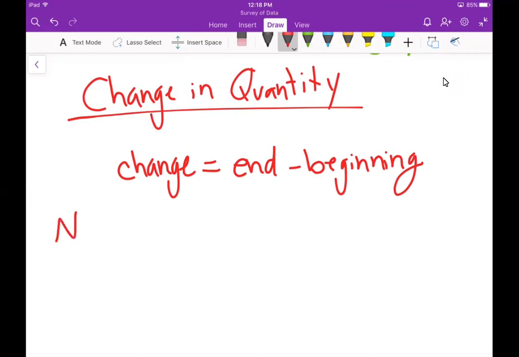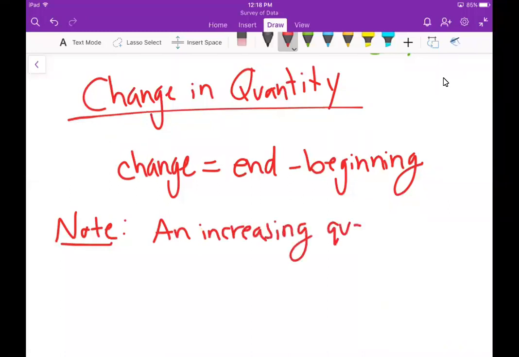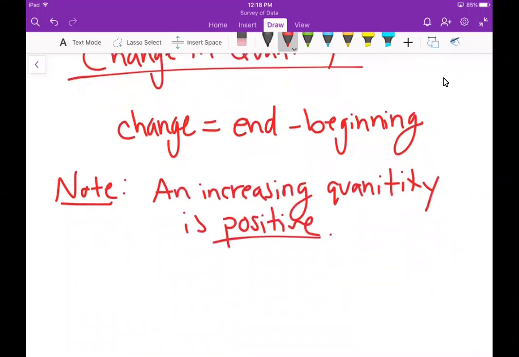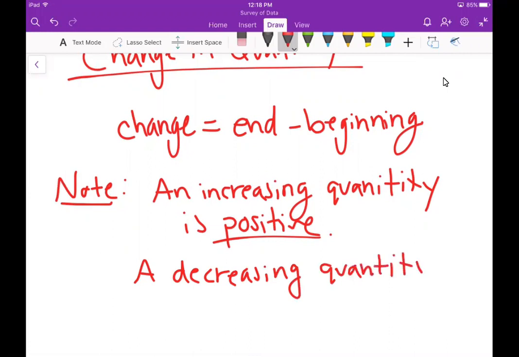That will make sure that your change comes out with the right sign, so that when we have an increasing quantity, if that quantity went up, so it was higher in the end than it was in the beginning, that will have a positive sign. And if we do that subtraction correctly, we'll also see that a decreasing quantity, so if it went down from the beginning to the end, and I'm realizing here that I spelled quantity wrong up there.